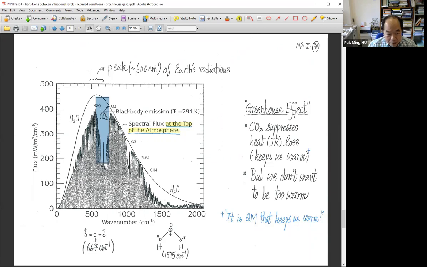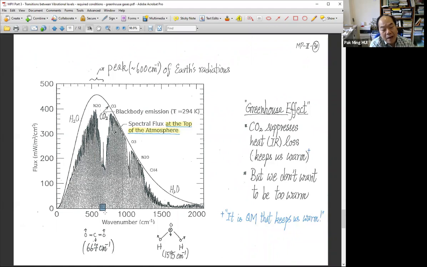All right? Let's look at the number here. This is about 667 wave number, okay? And that is due to the carbon dioxide bending, symmetric bending mode.